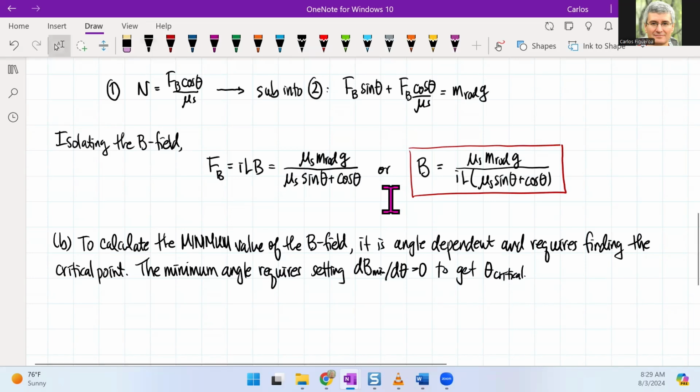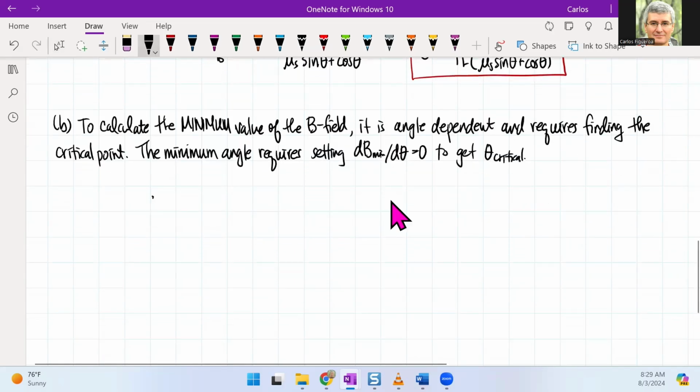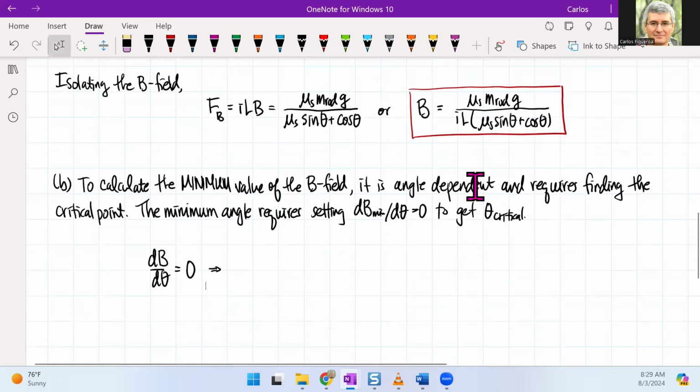So let's do that. So dB, I wrote minimum here. I shouldn't have, because it's not the minimum yet. And this guy is equal to 0. Now, if I do the algebra, note that there's a lot of constants. Only the denominator has angle dependence. So I'm going to factor out all of these constants.